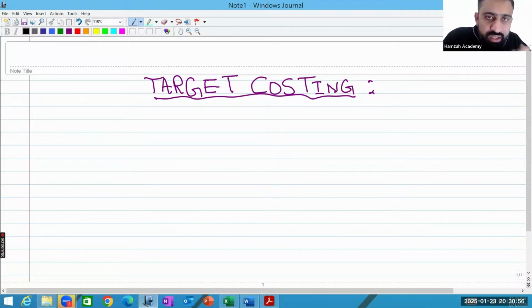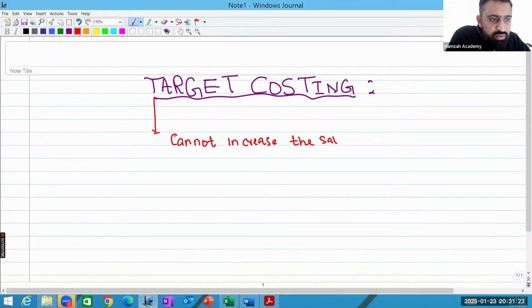So in a very competitive environment, the company, the manufacturer, or the seller cannot increase the sale price.